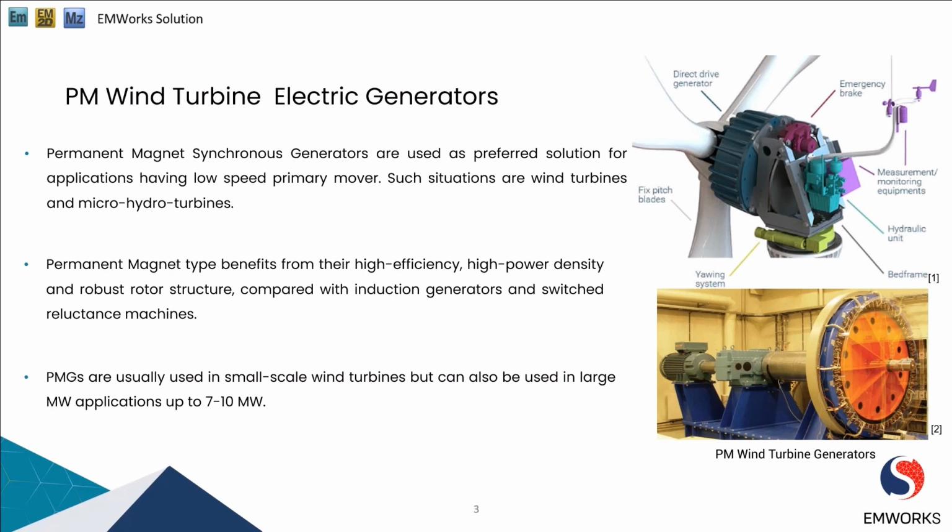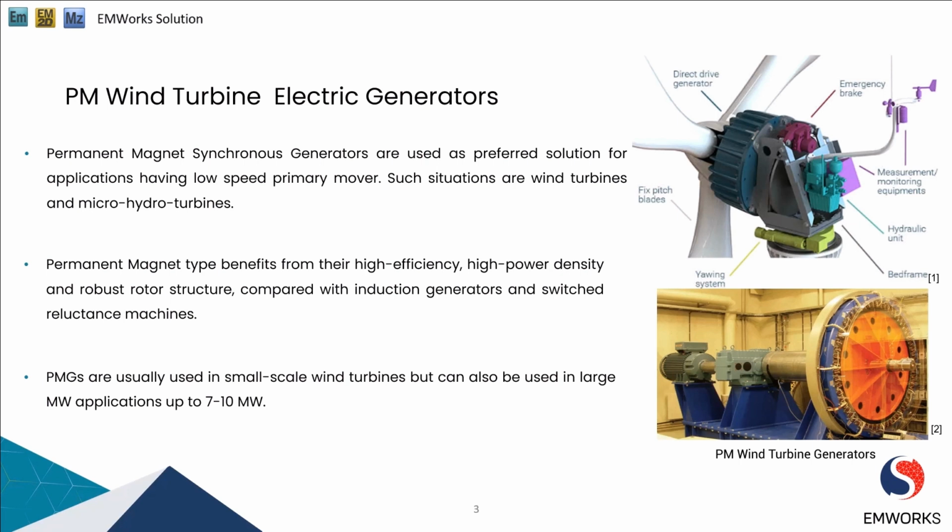They offer high efficiency, ensuring optimal conversion of mechanical energy to electrical energy. Additionally, they boast a high power density, packing a substantial amount of power into a relatively small space. Their rotor structure is robust, contributing to their reliability and longevity. Permanent magnet generators are typically employed in small-scale wind turbines, capitalizing on their efficiency and compact design.